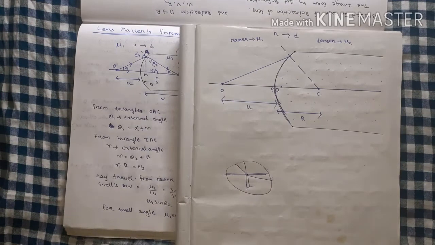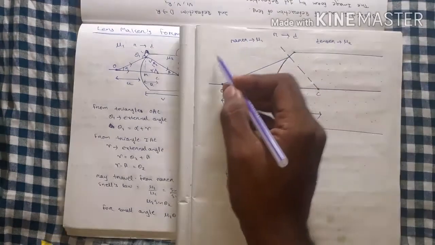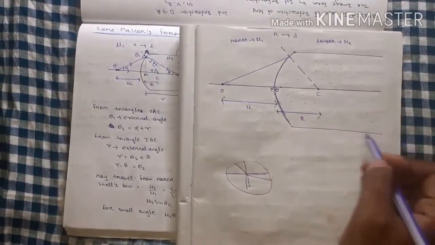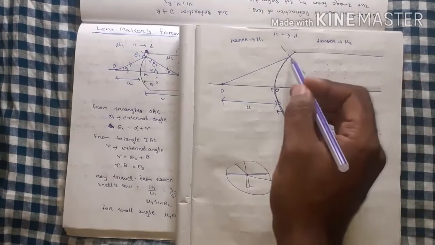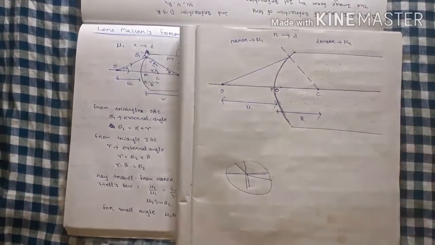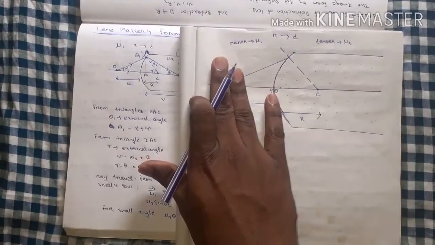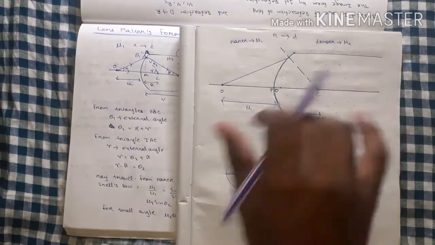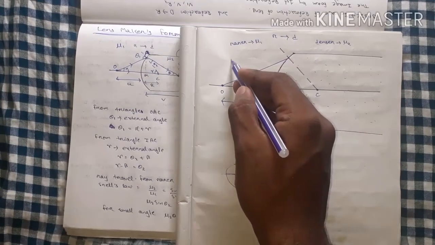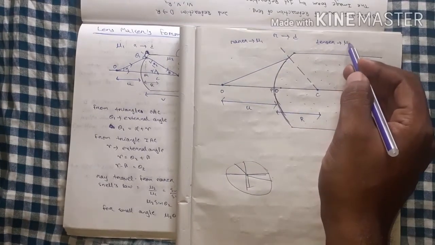Let's take air as one medium, and this whole thing is a convex surface material, another medium. I take the first medium as mu1, the rarer medium, and the second as mu2, the denser medium.